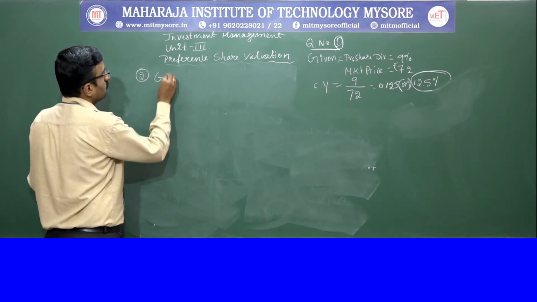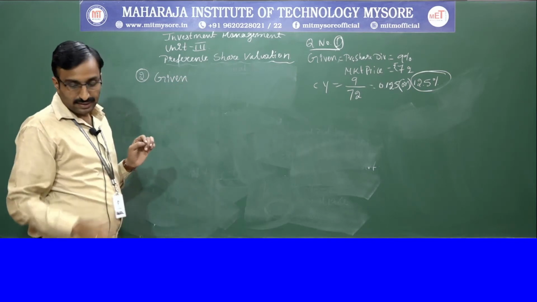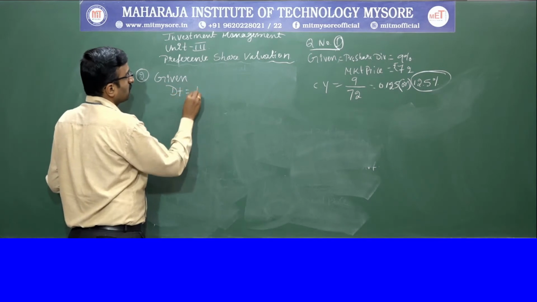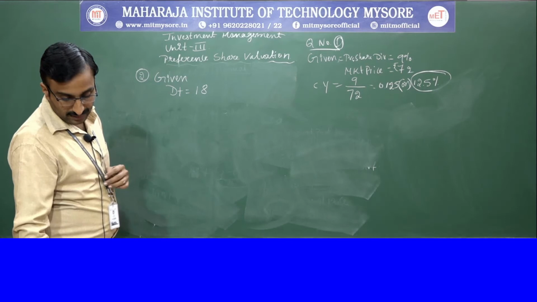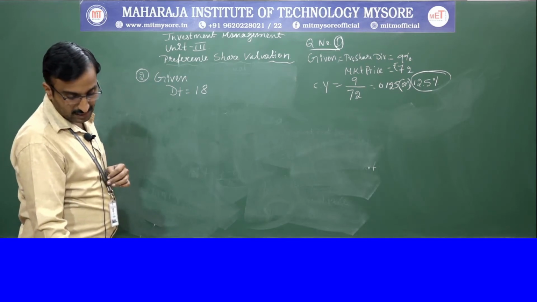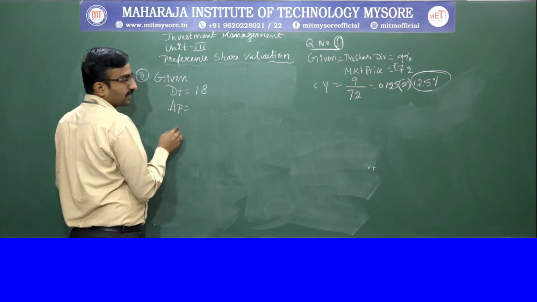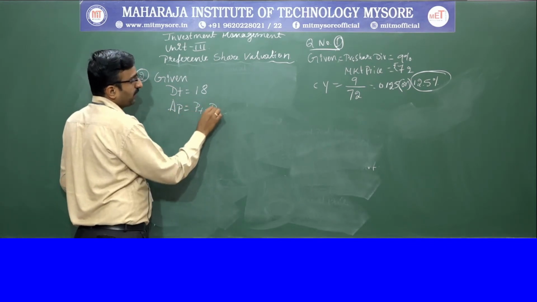So, given values are, in the problem they have given the dividend, that is Dt. Dt is how much? 18 rupees dividend for the year, and the change in the price we can also find here. Delta P is equal to, what is the formula for delta P? Delta P is equal to Pt minus Pi.